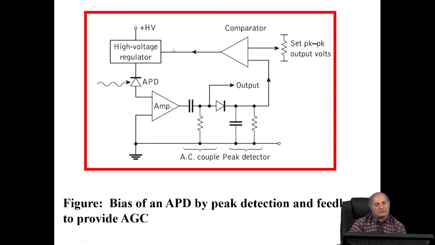The feedback will control how high the voltage required to bias the avalanche photodiode. The gain of the avalanche photodiode is a function of this bias voltage. The AC coupling is used to remove any variation due to modulation.